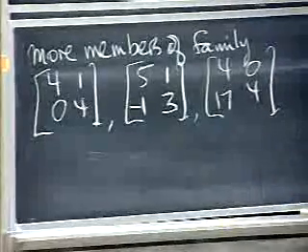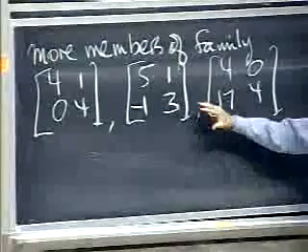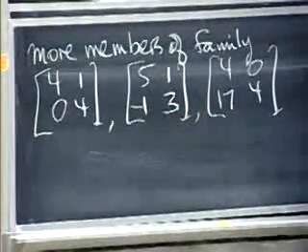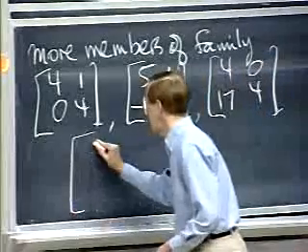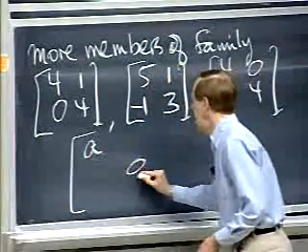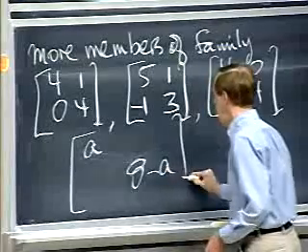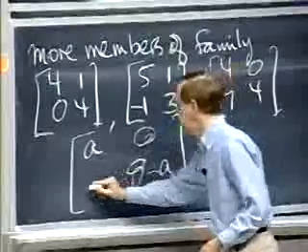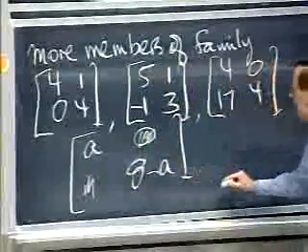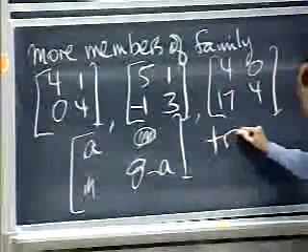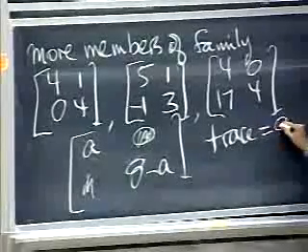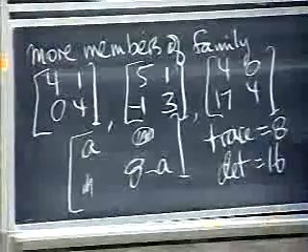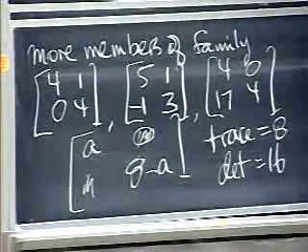All these matrices are similar, if I could find an M that would show that that one is similar to that one. And you can see the general picture is I can take any a, and any 8 minus a here, and whatever you put, b. Anyway, you can see I can fill this in to make the trace equal 8, the determinant equals 16. I get all that family of matrices, and they're all similar.